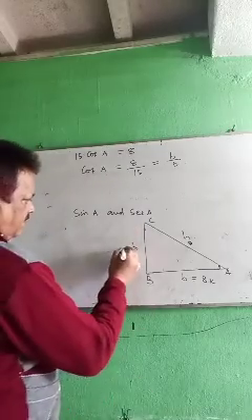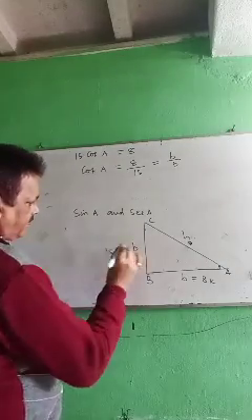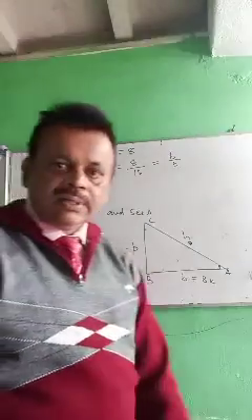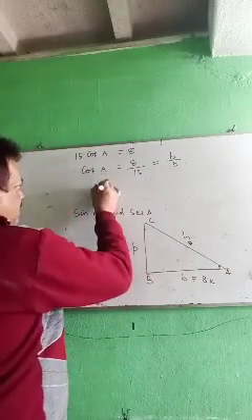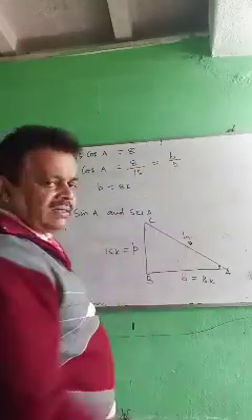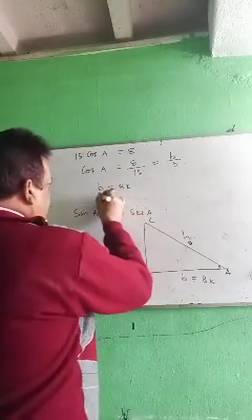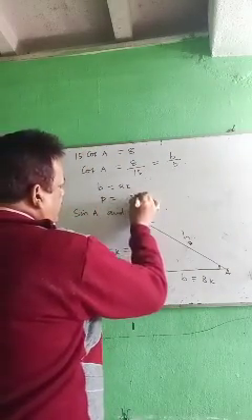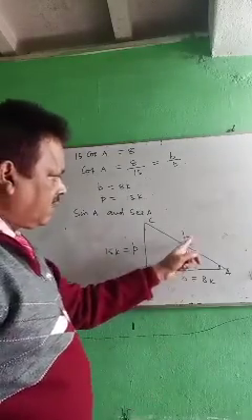P means 15K. Now second, write B is equal to 8K, 8x, anything you can write. P equals 15K. Then you have to find out H.